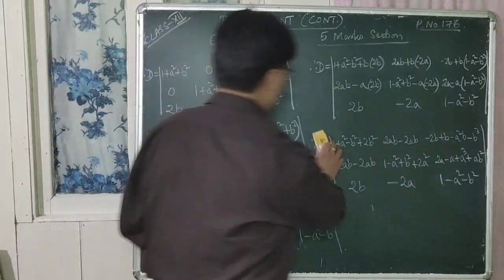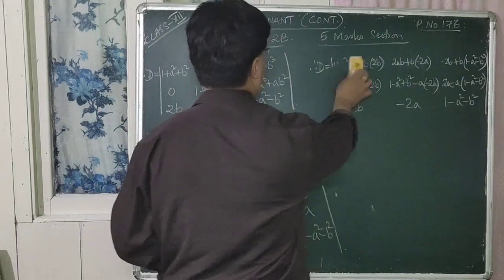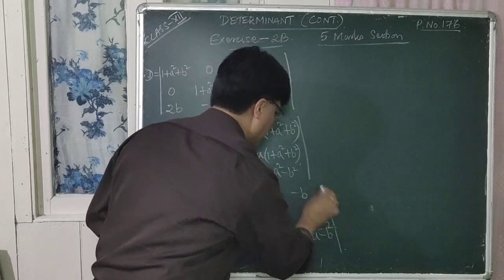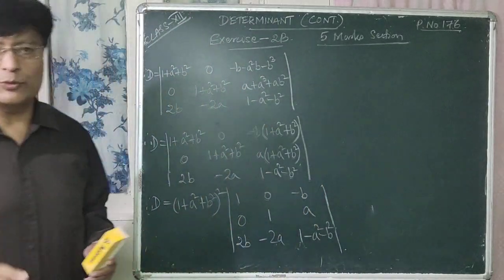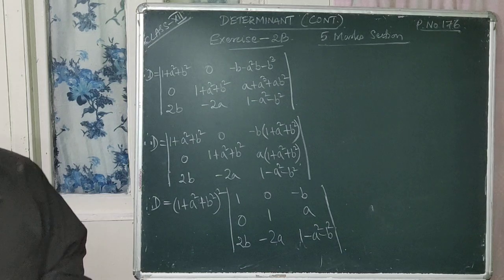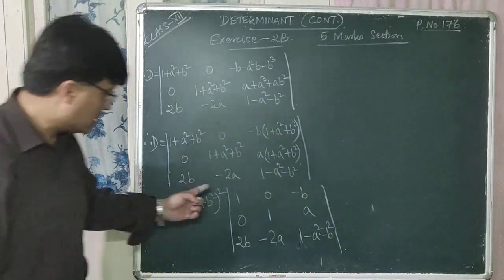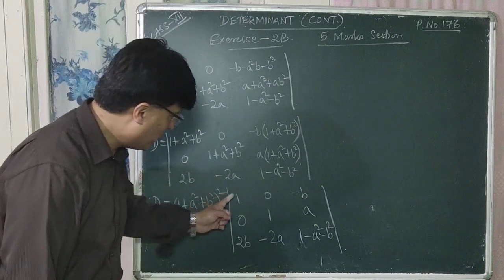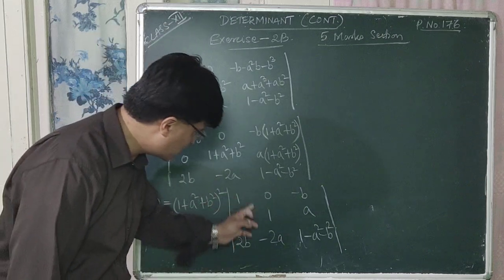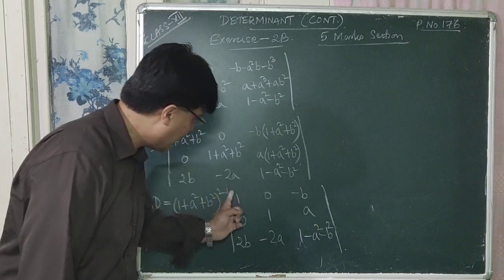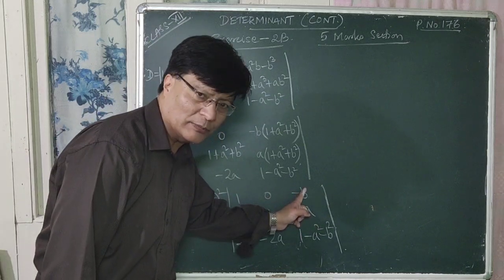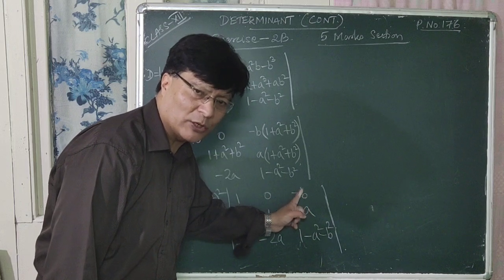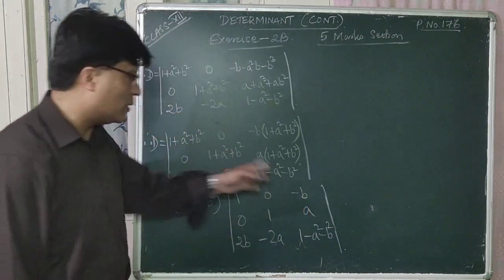Okay. Now next. In the next step, what will you do? Don't expand it. Again you have to use the property. Since there is 1 here and this is minus b, this is already 0. If this first column is multiplied by b and added to the third column, in the first element of the third column there will be 0. That is minus b plus b will be 0.